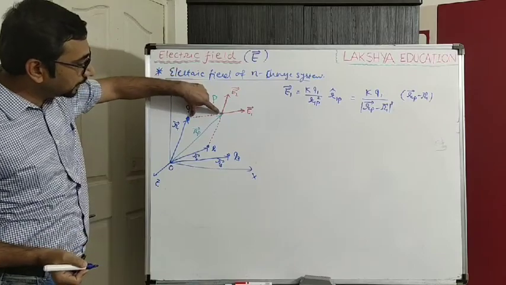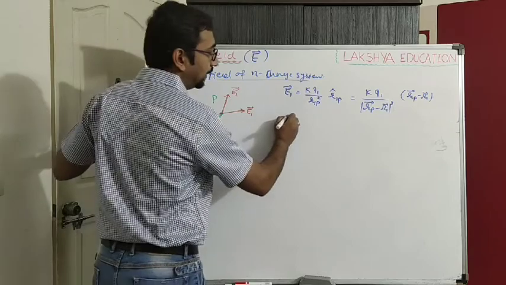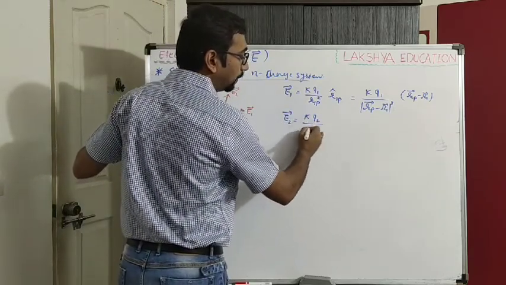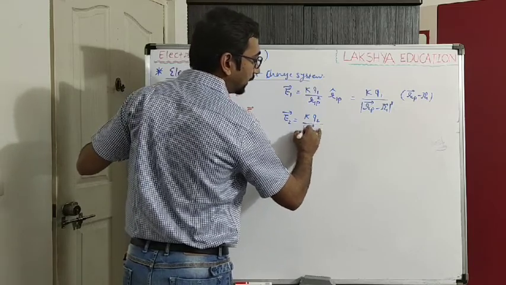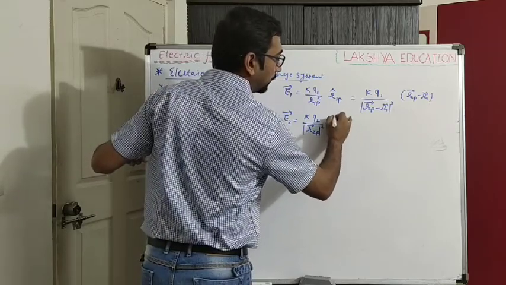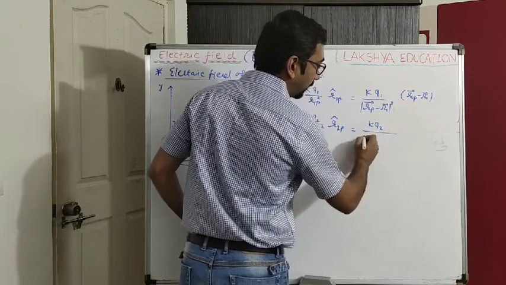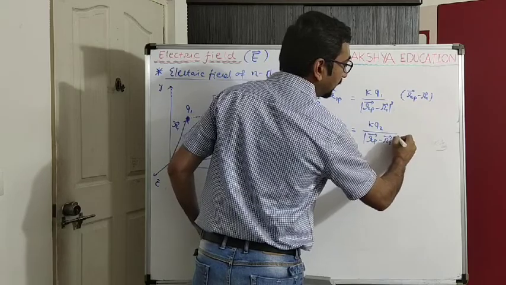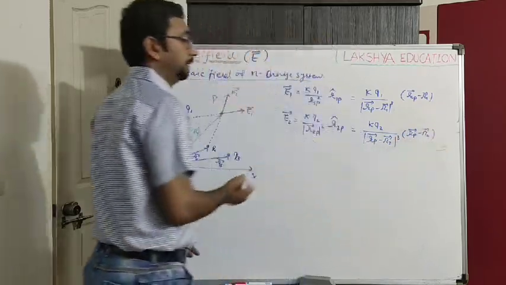Rp minus R1 vector is this one. Similarly for E2, E2 is equal to K Q2 upon the magnitude of R2P squared, into R2P caret. So this is K Q2 upon the magnitude of Rp vector minus R2 vector cubed, into Rp vector minus R2 vector.